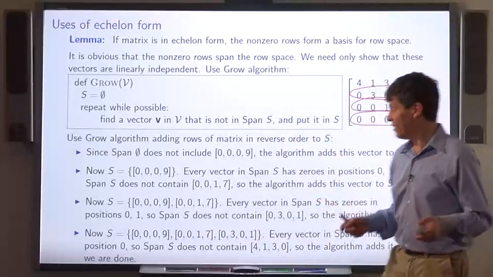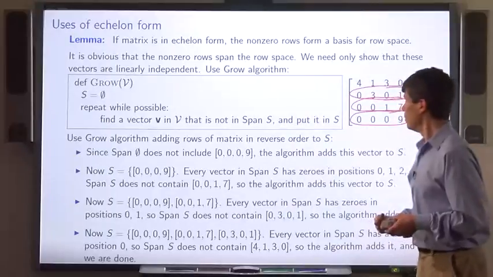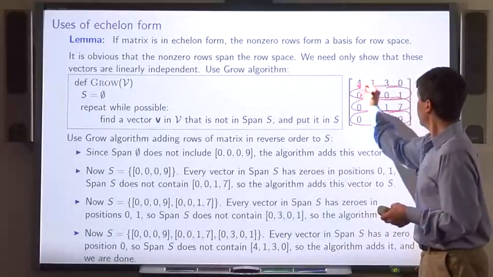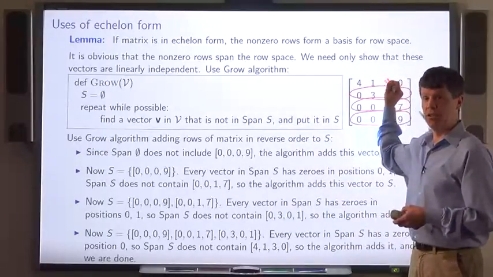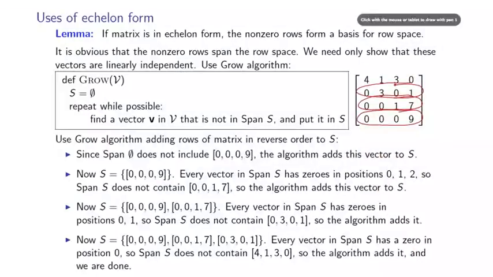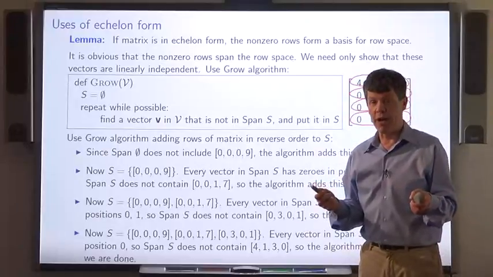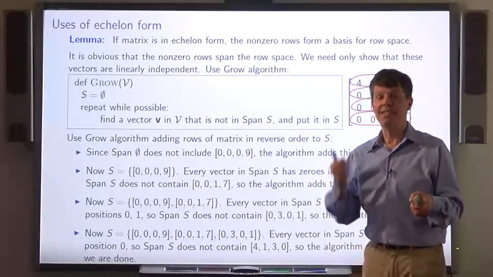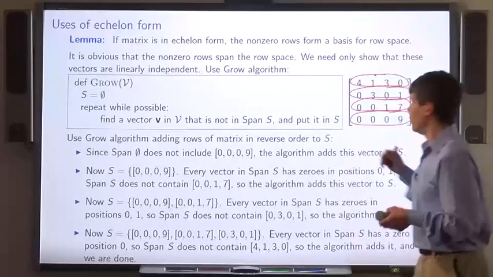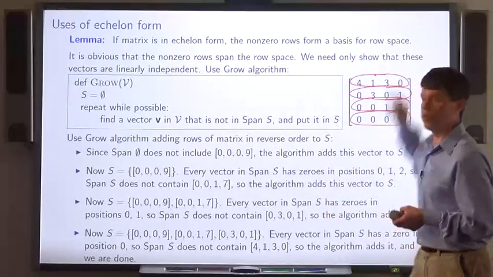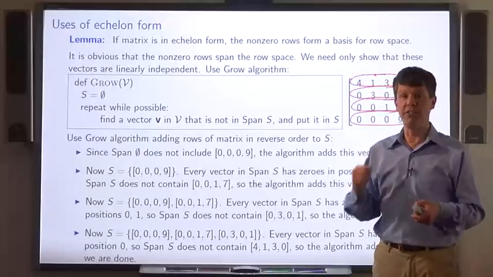Every vector in the span of S has a 0 in position 0. So the span of S doesn't include this vector, so the GROW algorithm goes ahead and adds that as well. We know that at every stage in the execution of the GROW algorithm, the set S is linearly independent. So we've shown that all the rows of this matrix are linearly independent.